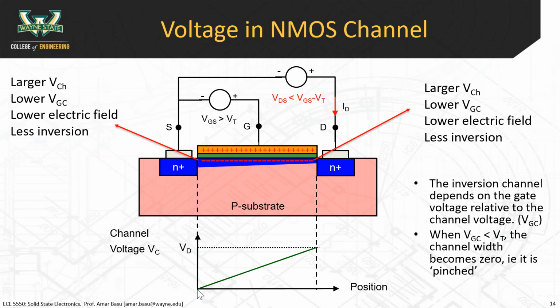So what does that mean in terms of the channel? Well, if we start with the left side, what we're concerned with here is VGC, which is the gate to channel voltage.